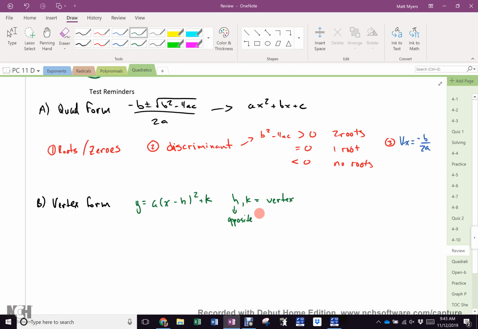That is, I believe, my own personal opinion, the easiest method to work with because it is the easiest method to graph from. Again, personally. Because it tells you everything you need to know. 3 ways to get there.